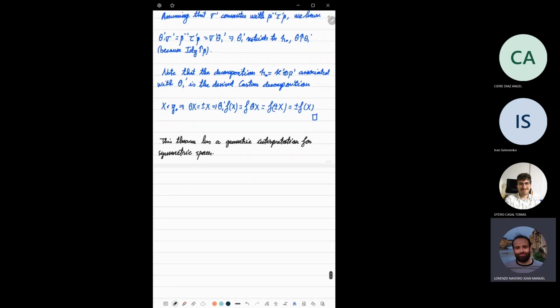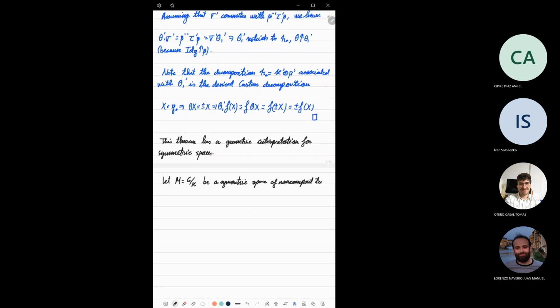So suppose that we have a symmetric space of non-compact type. Then this means that the symmetric space is written as G mod K, where G is a non-compact semi-simple Lie group, and K is a maximal compact subgroup.